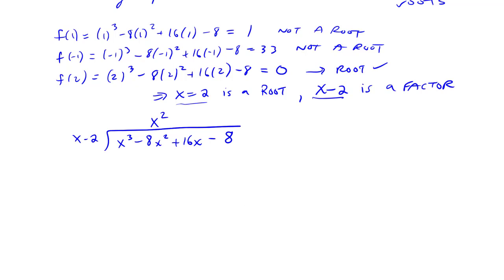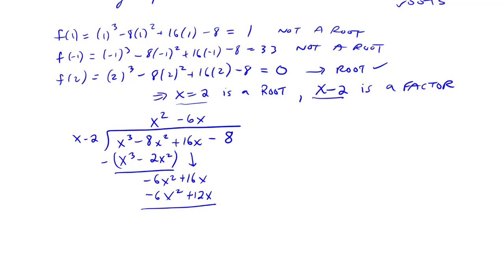So x squared multiplied gives x cubed minus 2x squared. Subtract, we get minus 6x squared, bring down the plus 16x. X to minus 6x squared would be a minus 6x, giving me minus 6x squared plus 12x. Subtract.